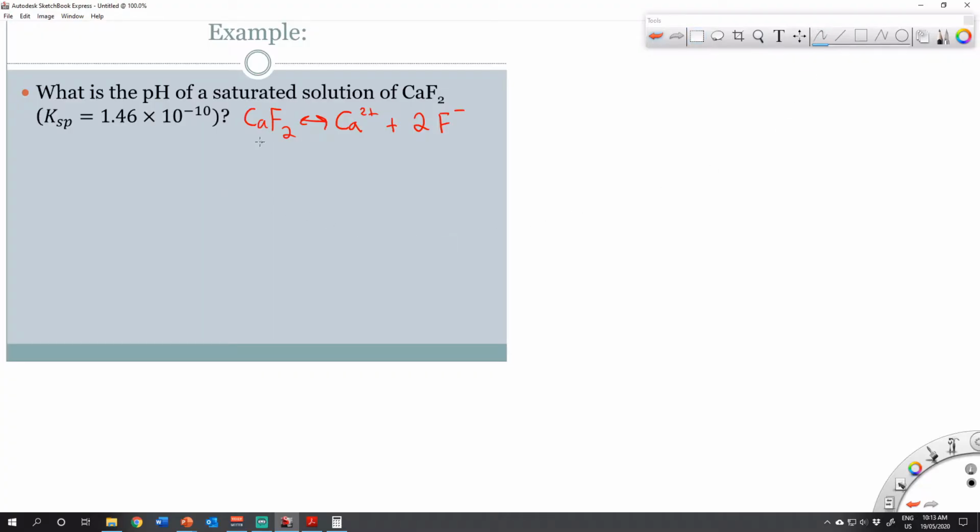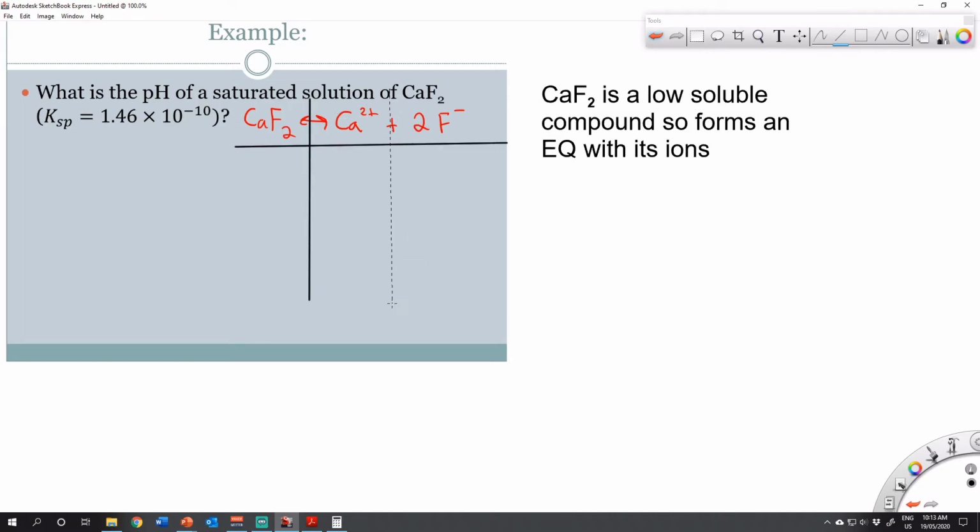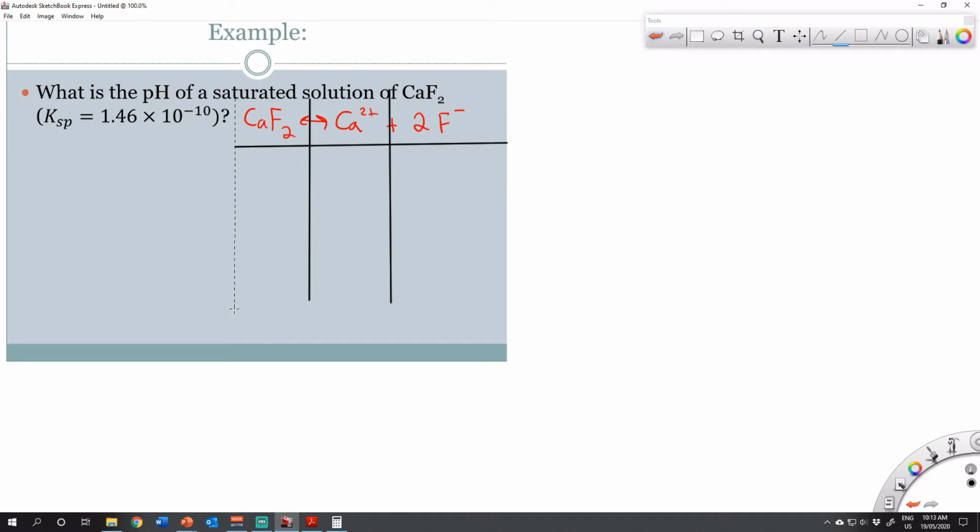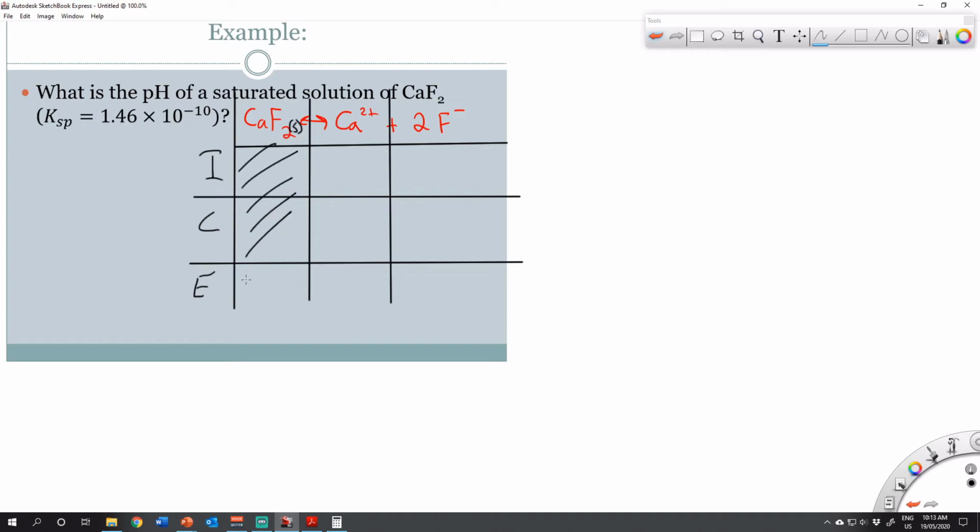Right, so our first RICE table will be based on this reaction here. There's a little bit of information that we're not given, but we can assume. The CaF2, we can assume this is a solid, so none of this information actually matters.